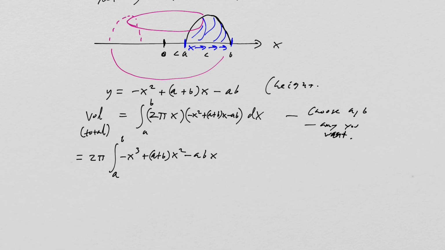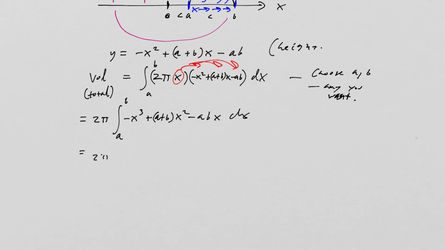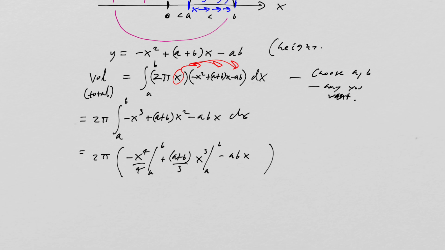Okay, so all I did was distribute the x into each term there, dx, and then go 2 pi, and now we have negative x to the 4th over 4, evaluated from a to b, take the difference, plus (a plus b) over 3, x to the 3rd power, evaluated from a to b, and then, of course, minus ab, x squared over 2 evaluated from a to b.